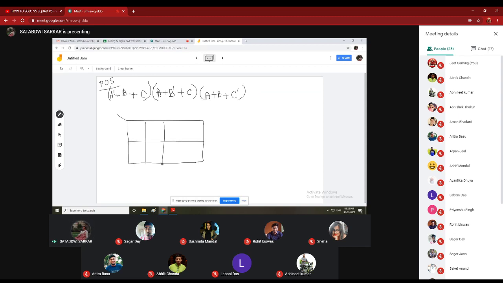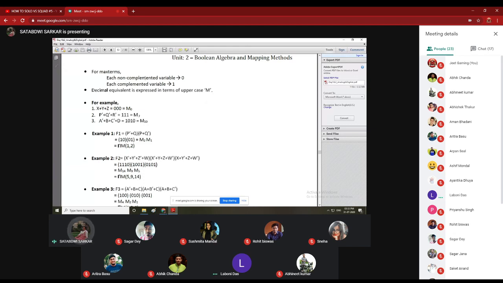So again we write A here and B, C here. First see what values we can get from these. The first one, A bar plus B plus C, in POS: each non-complemented variable is 0 and each complemented variable is 1.